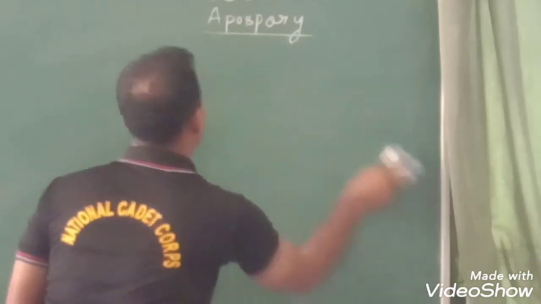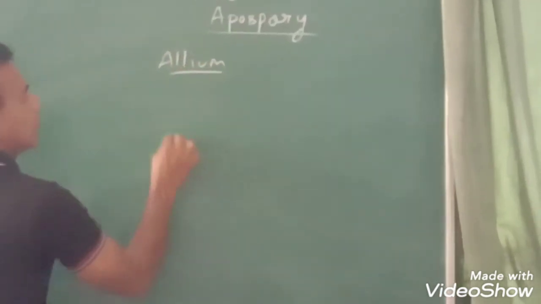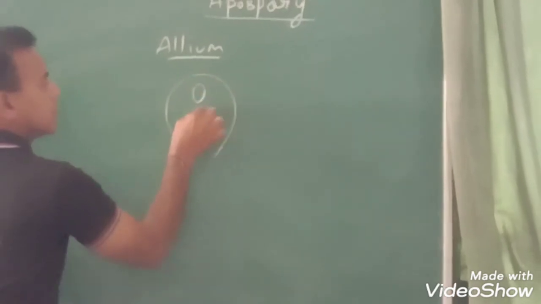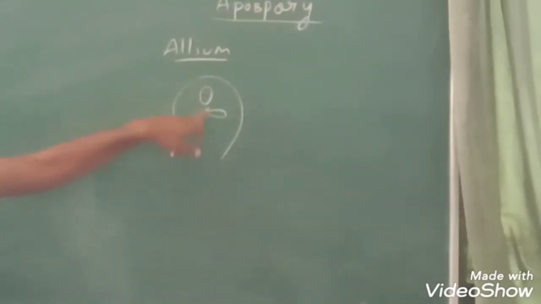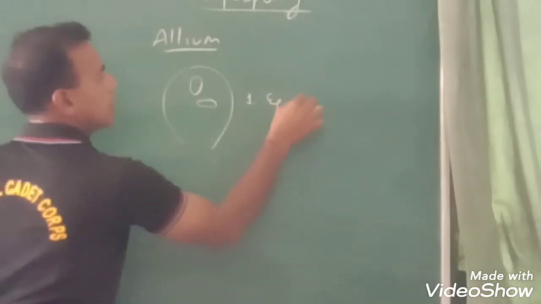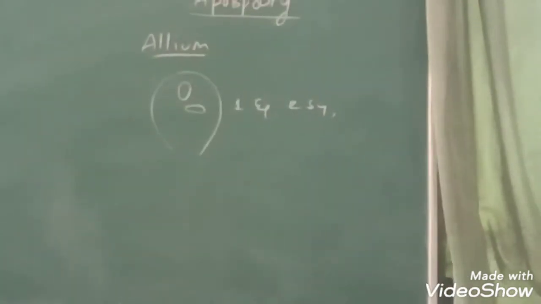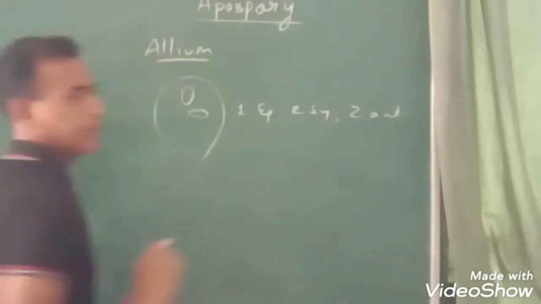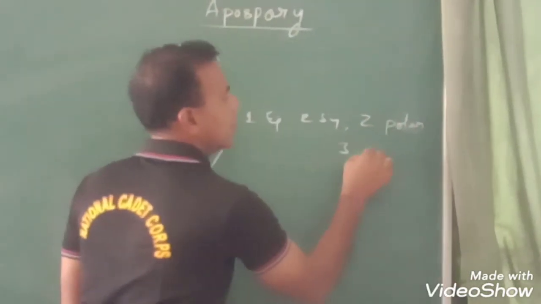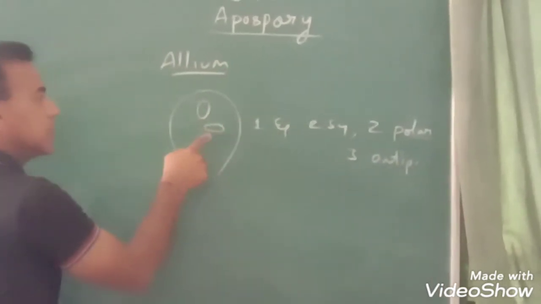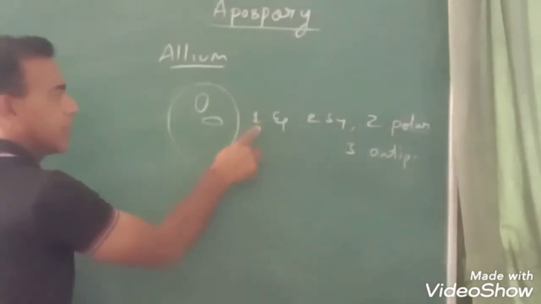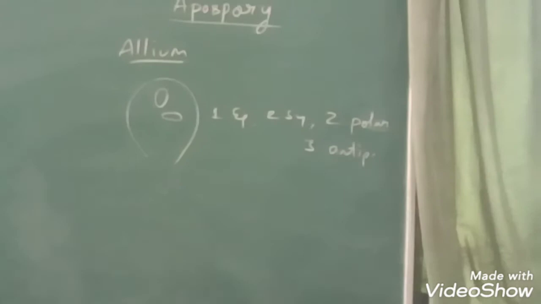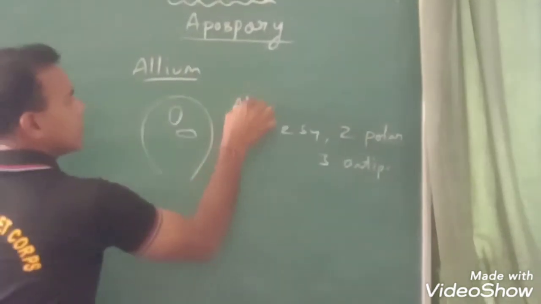For example, in Allium, along with the normal embryo sac, there is an additional embryo sac, or aposporic embryo sac, which has one egg, two synergids, two polar nuclei and three antipodals. Now this was the case with Allium.